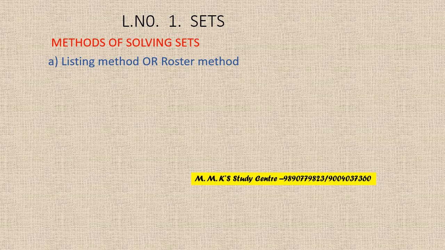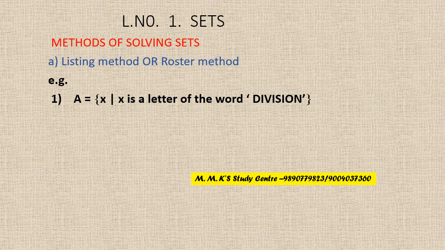For example, your question is, A is a set of x such that x is a letter of the word DIVISION. While writing the set in the listing method, you will avoid the repetition of alphabets.